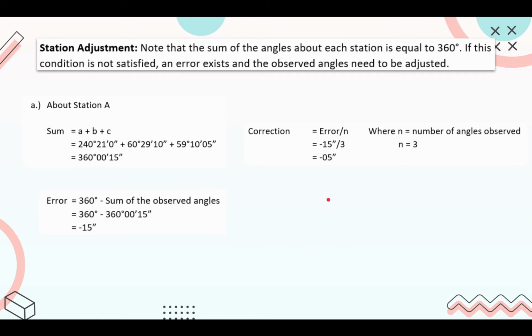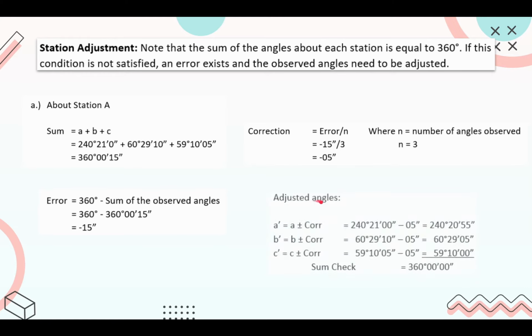Finally, we will solve for the adjusted angles. For the adjusted angles, we will call them angle prime. So for angle A, we will call it angle A prime or simply A prime. It is important to remember what these angles are called because they will be used later on in solving for the figure adjustment.